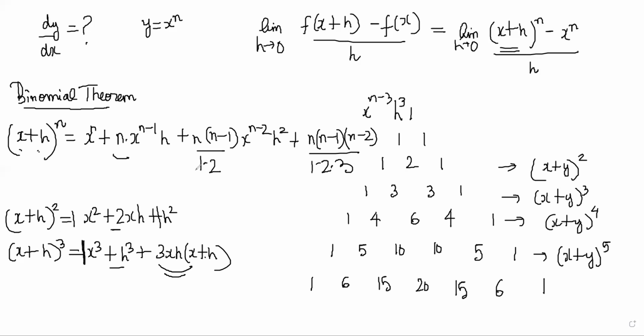Basically these coefficients are called combinations, nC1, nC2, nC3 and so on.